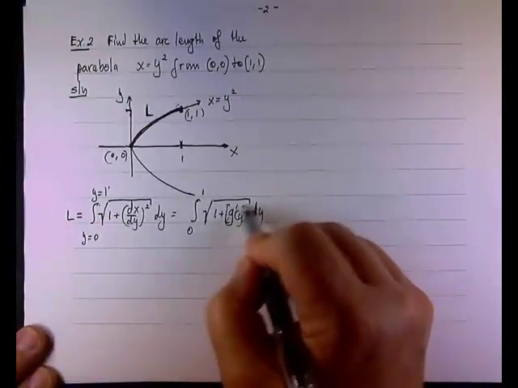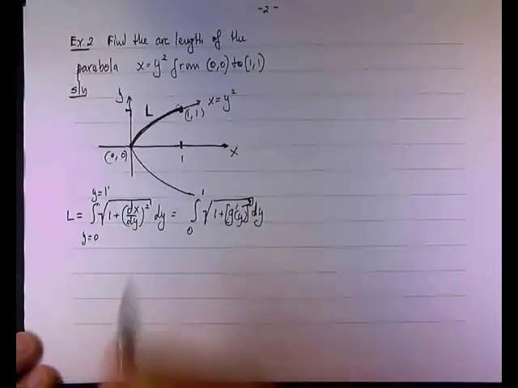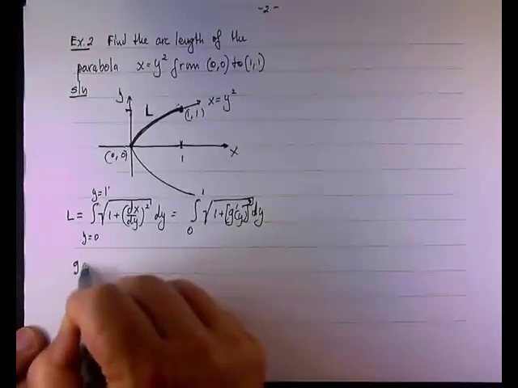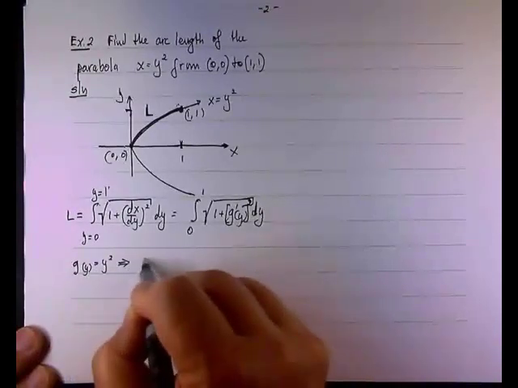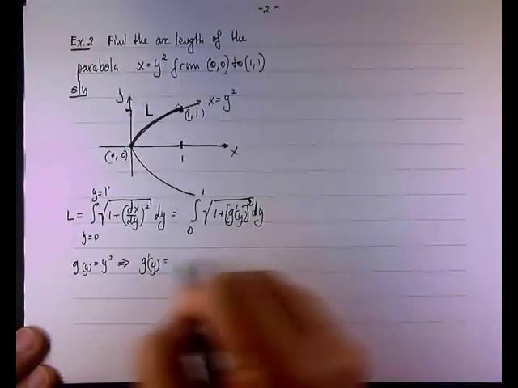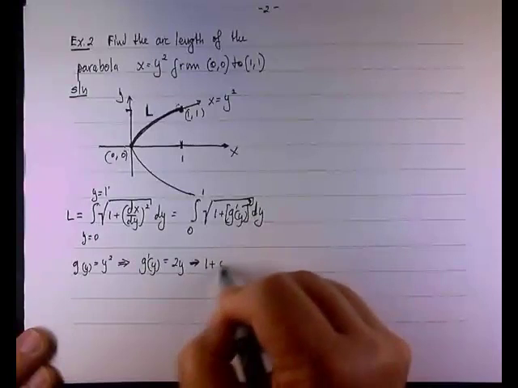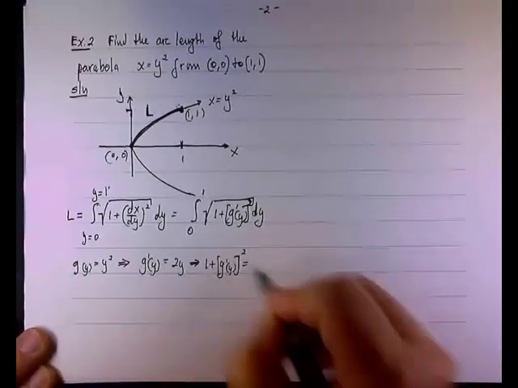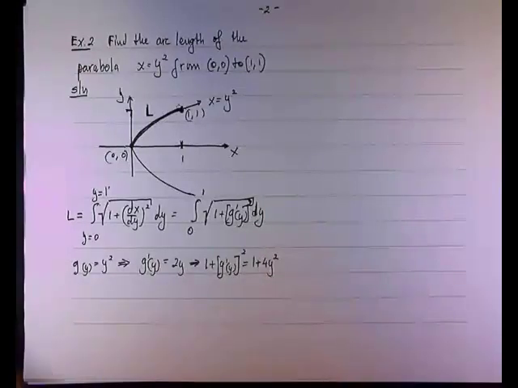Squared, yes, it says squared here. You just don't see too well. Okay, so g of y equals y squared, and therefore g prime of y equals 2y, and therefore 1 plus g prime of y squared is equal to 1 plus 4y squared, right?